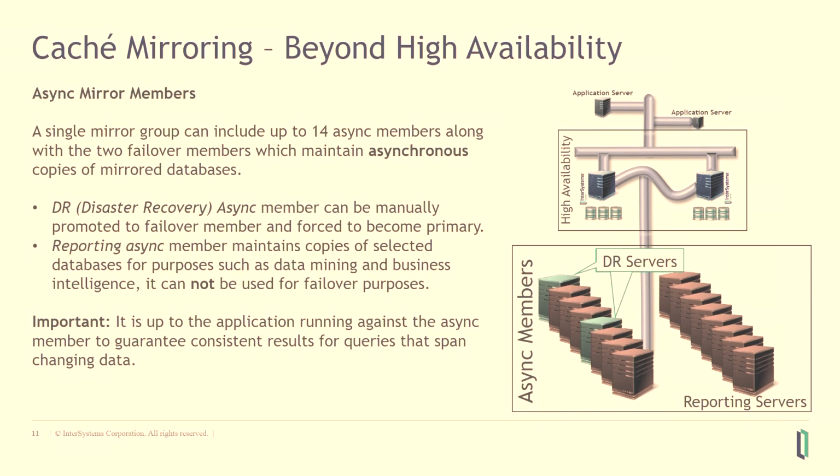The challenge it creates for synchronous mirroring is propagation time. Once a write comes in, it needs to go to that partner, and by the time it goes back and forth at the speed of light, it's just too long, it affects performance. That's where asynchronous mirroring comes into play.